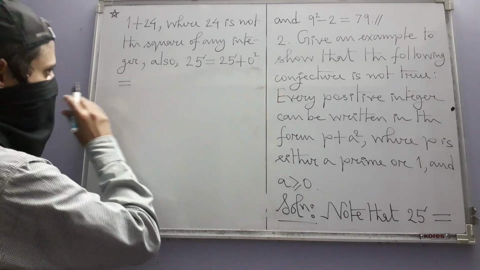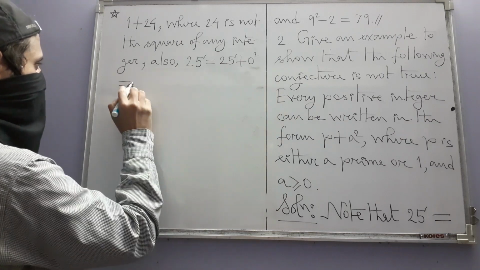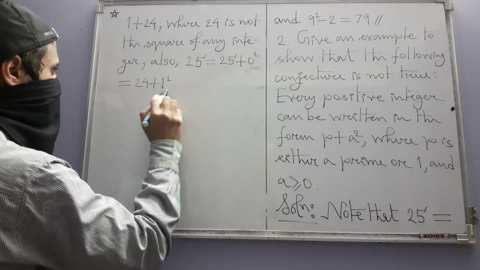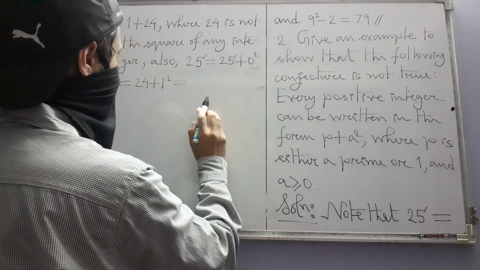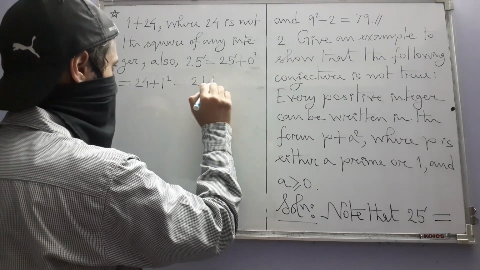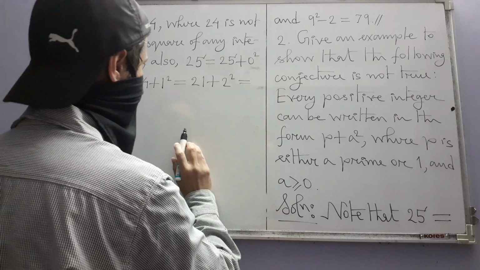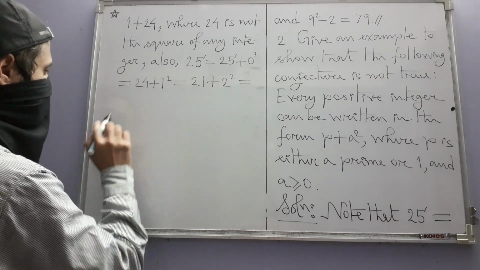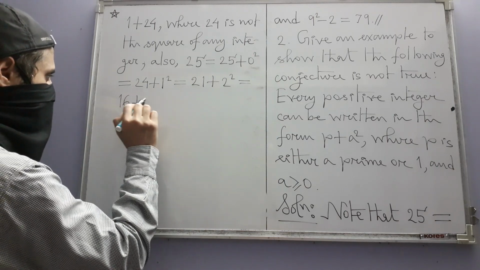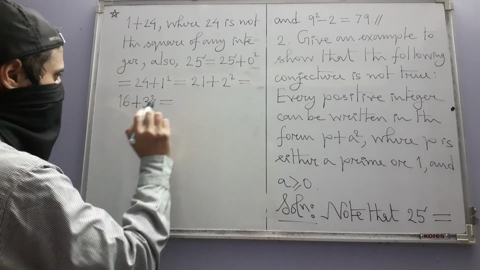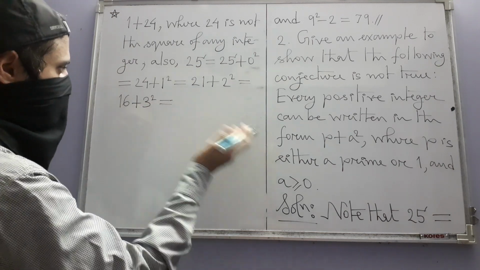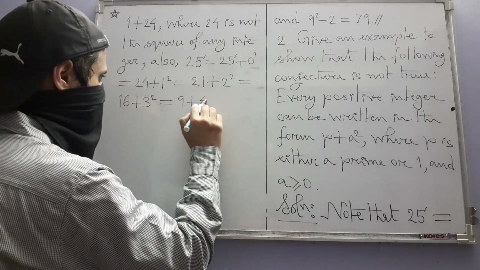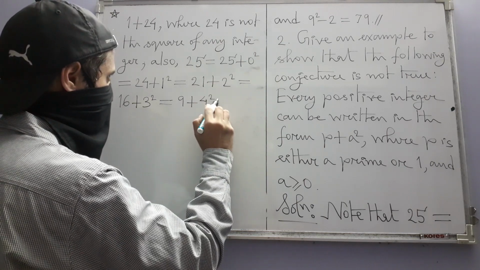Then we can continue writing some equalities: 24 plus 1 square, then if we take 2 square, we will get 21 plus 2 square. If we take 3 square, that means 9, and 25 minus 9 is 16. If we take 4 square, that means 16, so on this side we will have 9, 9 plus 4 square, and that's it.